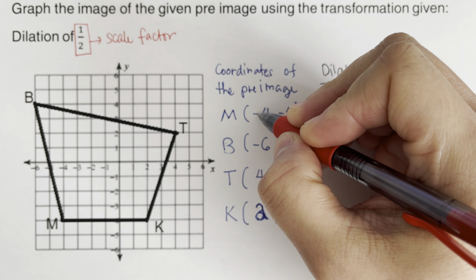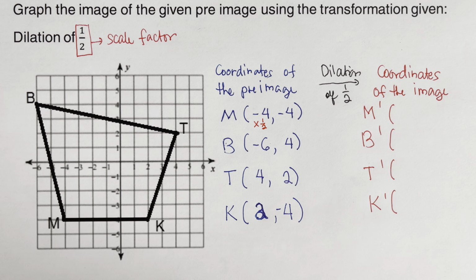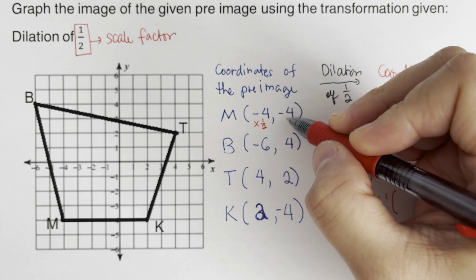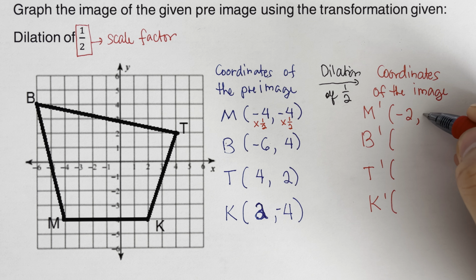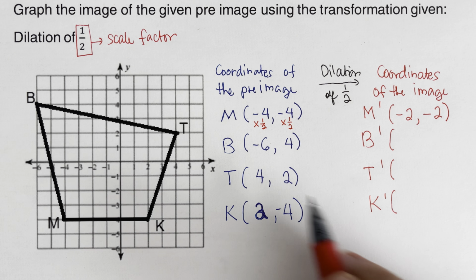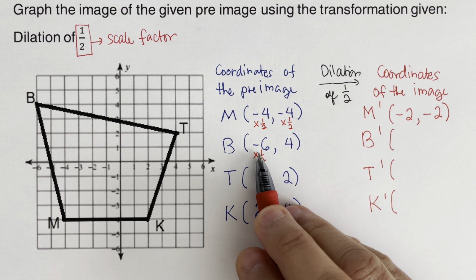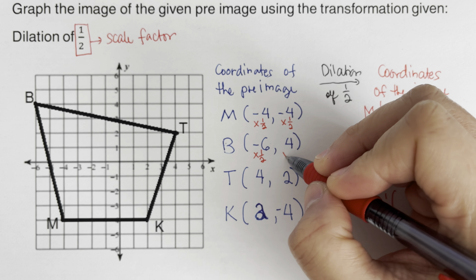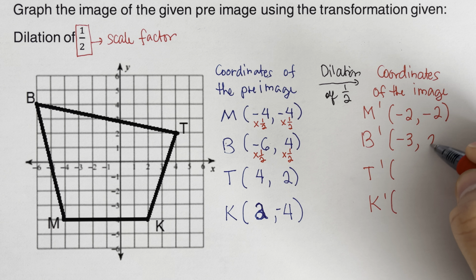So I'm just going to go ahead and show the work here. -4 times 1/2, or half of -4 is -2. And then we have -4 times 1/2, or half of -4 is -2. And then for the B here, again, we multiply this by 1/2, or that's half of -6 is -3. And then we multiply this again by 1/2 here. So that would be half of 4 is a +2.